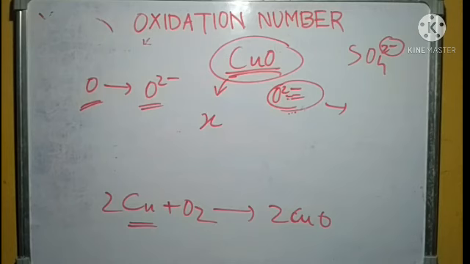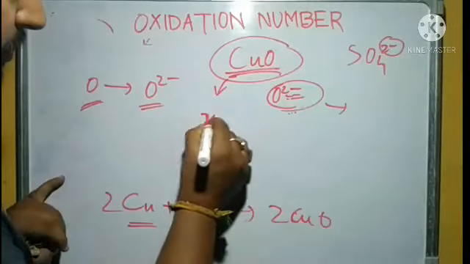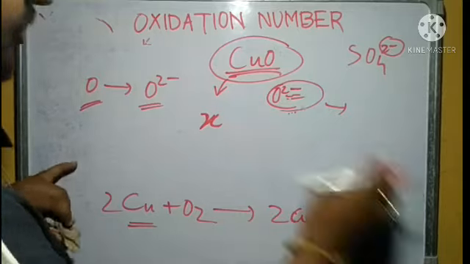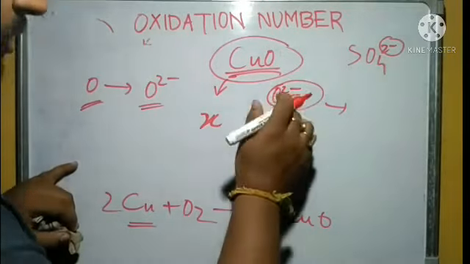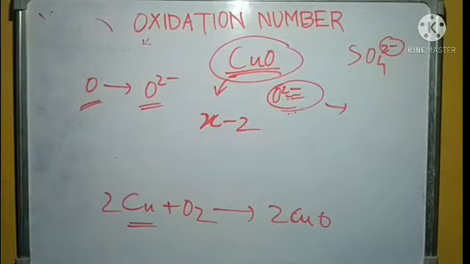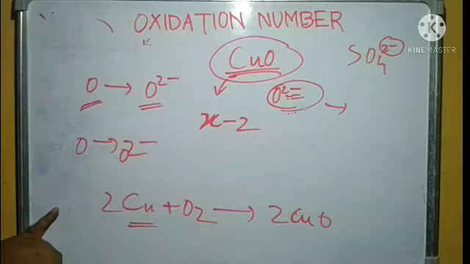So the charge of copper is X, and oxygen will give -2, because oxygen will form the oxide ion, which is O2-.